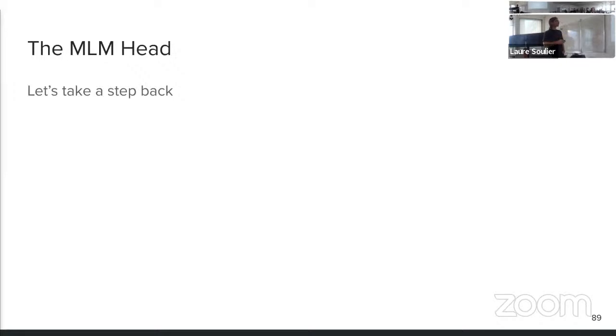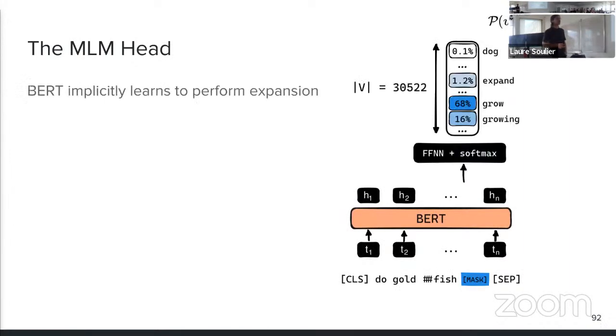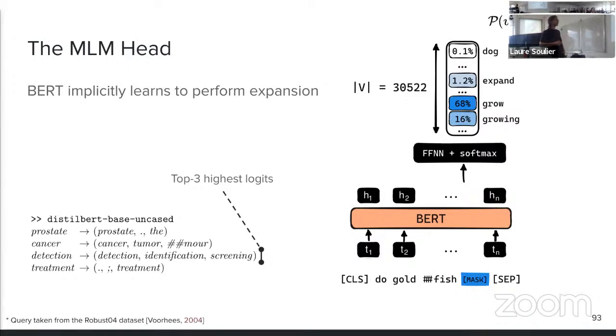If we take a step back and consider what BERT is doing at pre-training, we have an input text and we mask some words in the input. The objective is to predict those words given the context by modeling a probability distribution over the vocabulary. And when you do this, you actually implicitly learn to perform expansion. So if we look at an example here, we have a query from the Robust dataset.